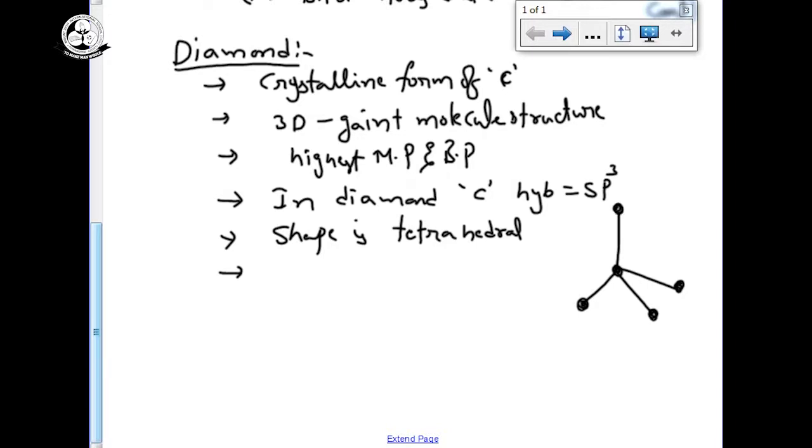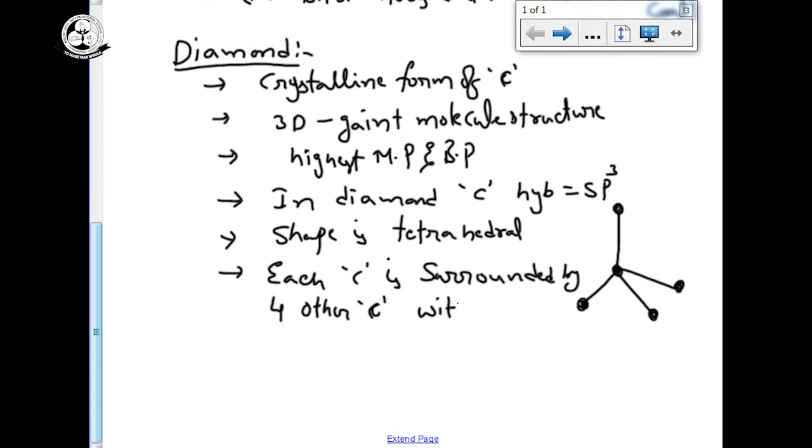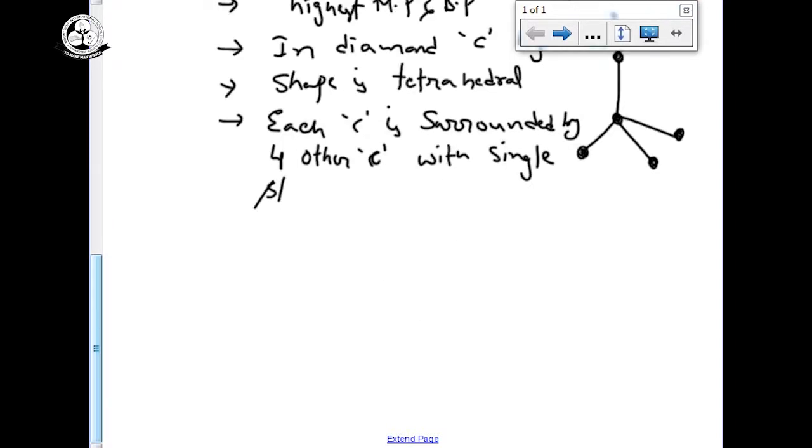In diamond, I am writing one simple molecule. Each carbon is surrounded by 4 other carbon atoms with single, strong covalent bonds, and those 4 other carbon atoms are also bonded with single bonds.